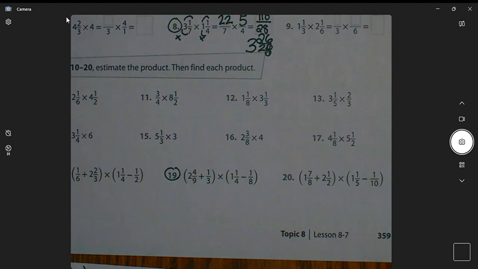It's 9. So I'm going to leave 2 and 4/9 alone. And to get to 9, I have to multiply by 3. 1 times 3 is? Yeah, it's 3. 3 times 3 is 9. So 2 and 7/9 is the answer to the first part.